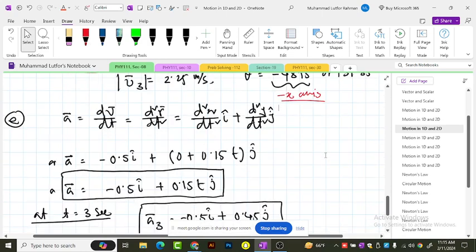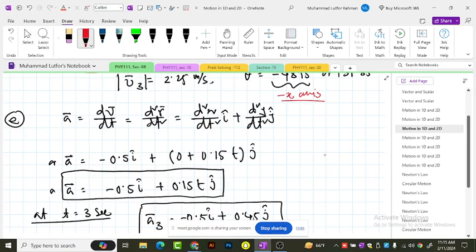So they also ask to find the instantaneous acceleration, right? So I will find the instantaneous acceleration using that formula, which is a equal to dv over dt, and dv over dt would be simply d square r over dt square. It's the second time derivative of the position function.